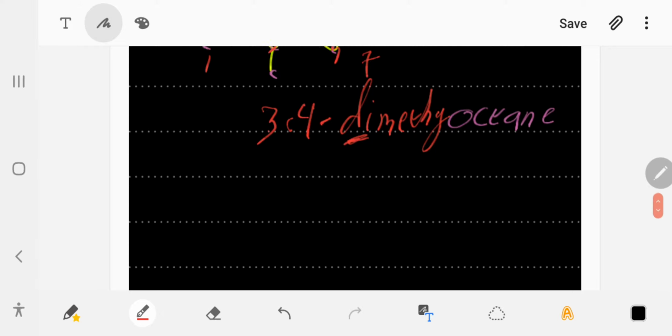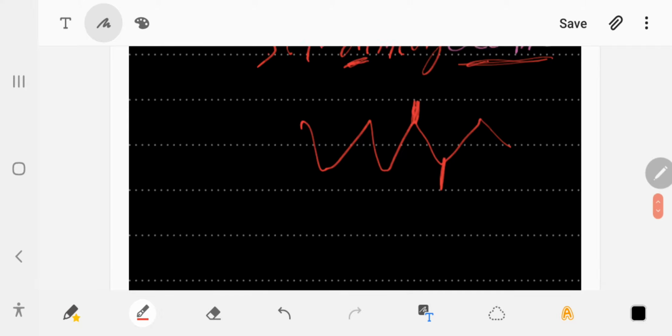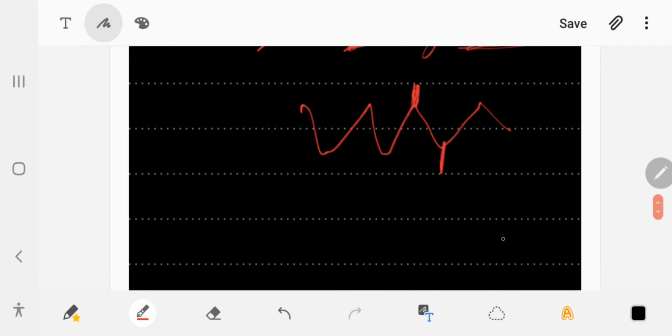So from the name, you can know that you have octane. So 1, 2, 3, 4, 5, 6, 7, 8. And at the 3rd carbon, 1, 2, 3 here, you have methyl. And at the 4th carbon here, you have methyl. And this compound is the same as 1, 2, 3, 4, 5, 6, 7, 8.